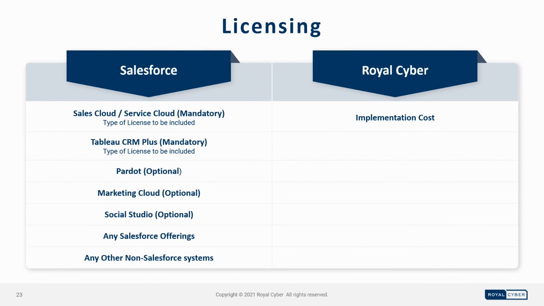From the Royal Cyber front, we say the best product is always the one that's tailor made for your organization. To an extent, a generic product would do, but a tailor made product is the best. So what Royal Cyber is asking is just the implementation cost.